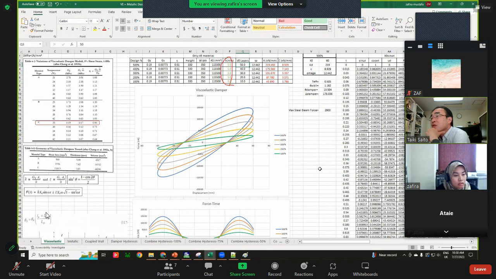So height, width, and thickness are another dimension. Yes, this is the thickness and this is the area of the viscoelastic. So it means 250 millimeter in total thickness only for the viscoelastic. But if we add the steel plate, 500 mm thickness.